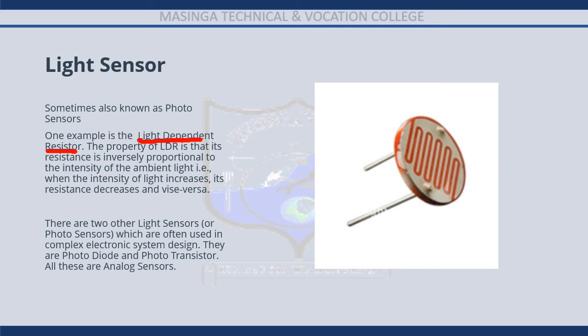There are also two other types of light sensors. That is the photodiode, which changes the property of a diode based on light, and the phototransistor, which changes the properties of a transistor based on light. All of these are analog sensors which produce an analog continuous output.